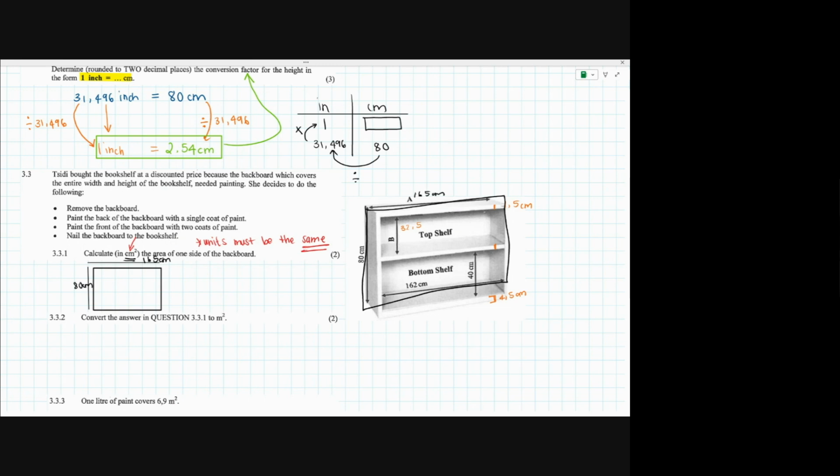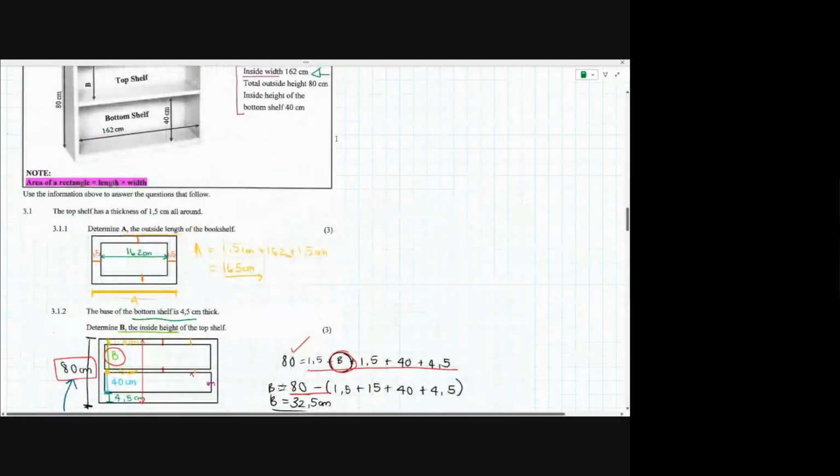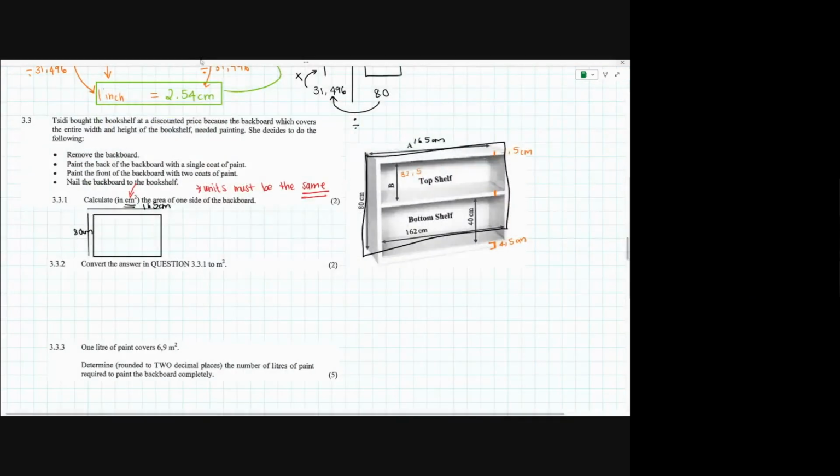Now, it did say right at the start that the area of a rectangle is length times width, and that is now going to be useful to us. Obviously, if you already knew that, it didn't really matter that they told you that, but they have told us. And so we can now use that piece of information to help us calculate the area. So area of our rectangle is length times width.